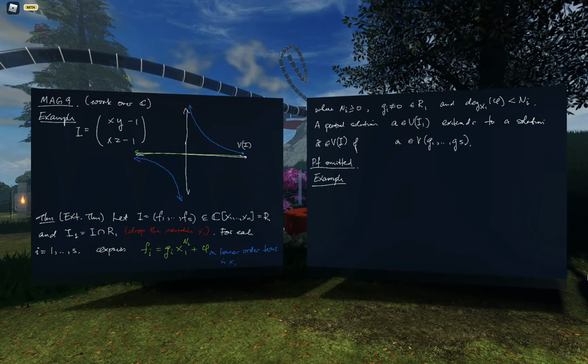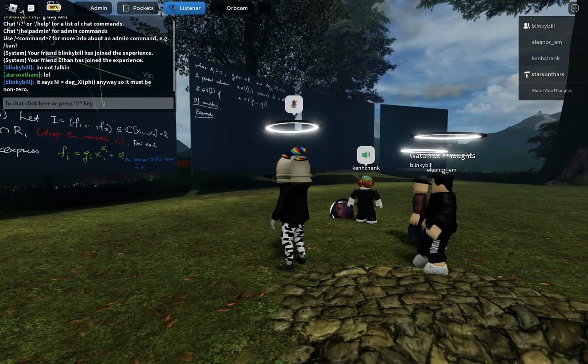So if that's 0, I think in this case the theorem doesn't apply. And in that case, you see that all solutions extend because the equations don't involve x1. So you don't need this term to tell you whether things extend. So in that case, the GIs is an empty set.